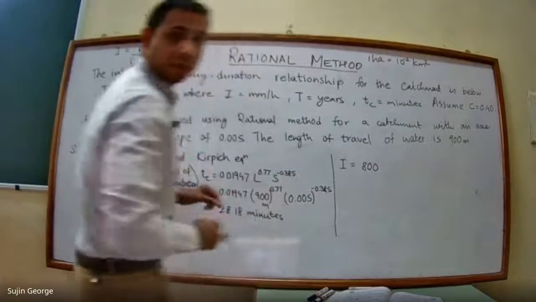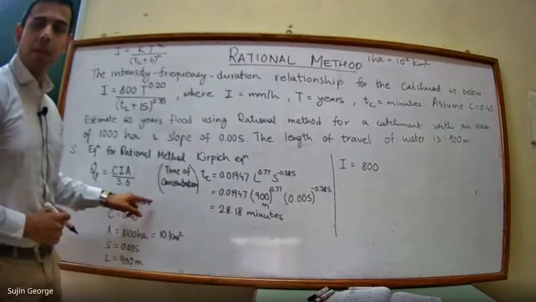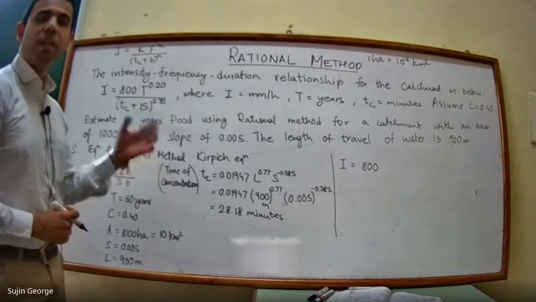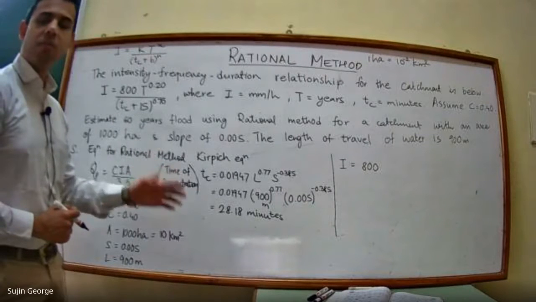800 T. Now here T is given as 60 years. T is known as the return period, or the frequency, or the recurrence interval. It is one and the same thing.